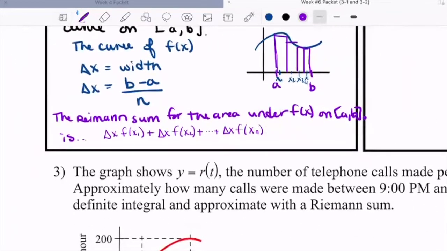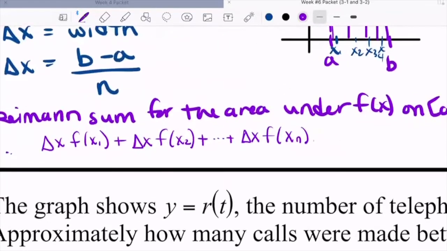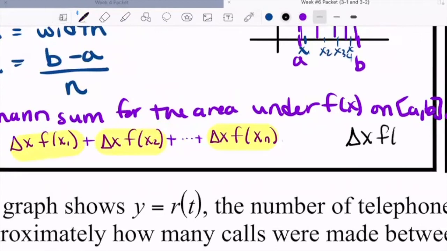Now, there's a bit of notation that we often use to represent a sum where the terms are very predictable. We can predict the terms in this sum. Why? Well, what do they look like? They look like change of x times f of x sub something. So I'll just put in a little i here. Now if we want to talk about all of those terms, we can write this big sigma. This is a Greek letter sigma, capital, and it's often used to denote such a sum. We also decorate this sigma with our indices.